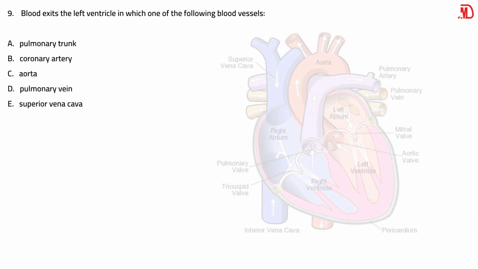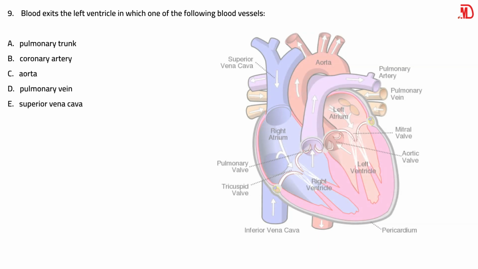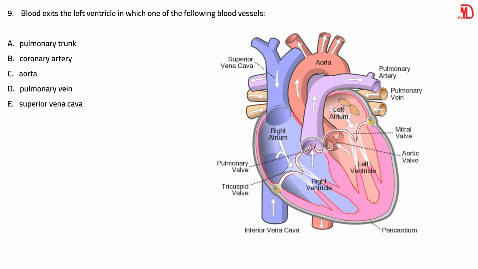Oxygenated blood is brought back to the heart by the pulmonary veins which enter the left atrium. From the left atrium, blood flows into the left ventricle via the mitral valve or the bicuspid valve.